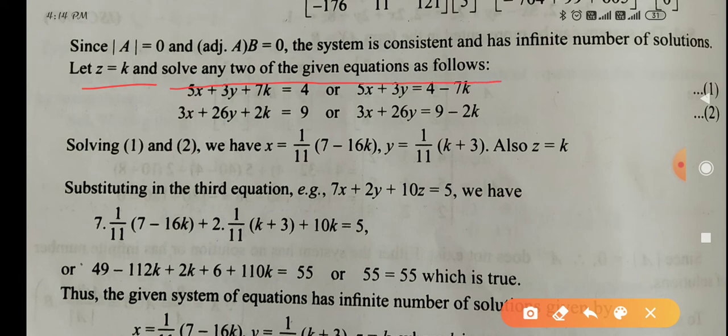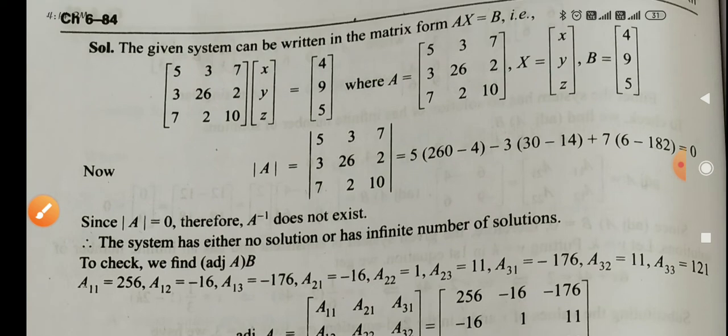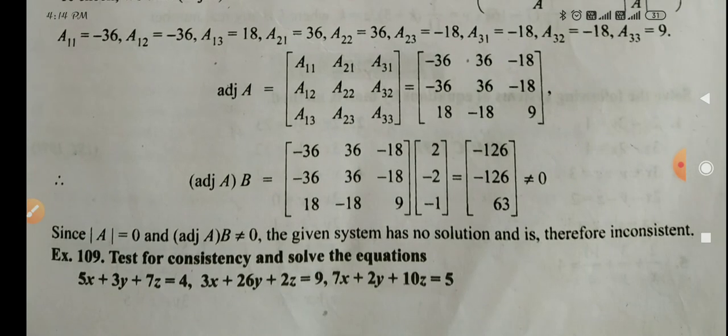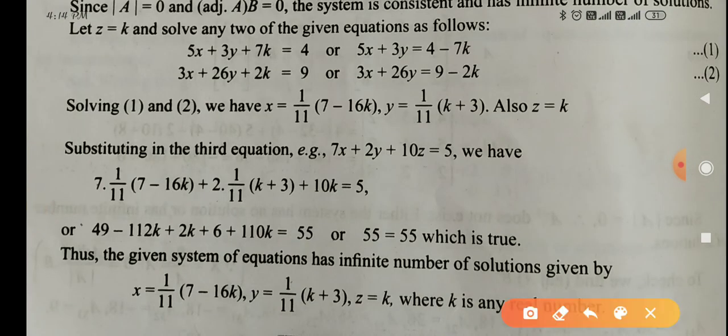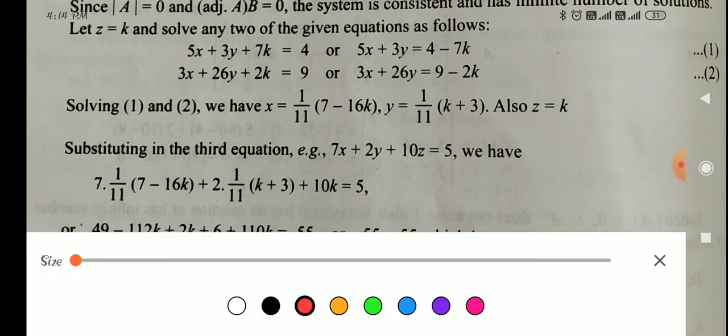Here they are putting the values in the first and second equations.